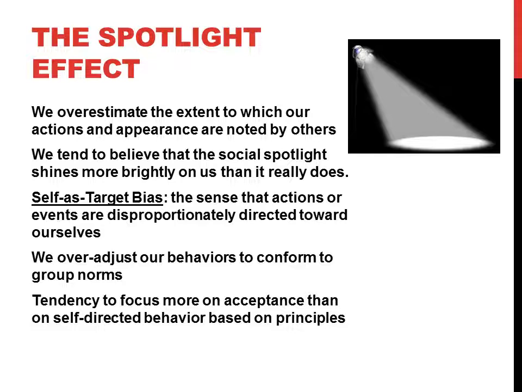This is similar to the previous bias, conformity bias, and it amplifies that bias. In fact, it gives us a tendency to focus more on acceptance within our group than on self-directed behavior based on principles. And this has ethical ramifications as well as behavioral ramifications for decision makers.